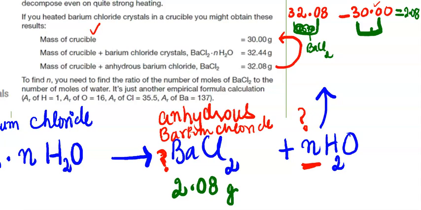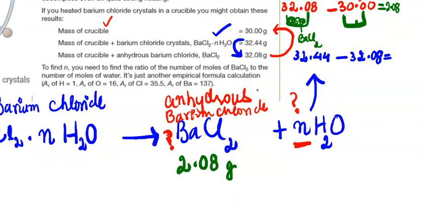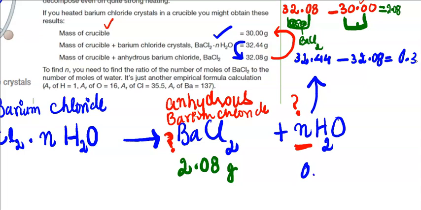If you subtract the mass of crucible with barium chloride crystal having water in it, that is 32.44, minus the mass of crucible having only barium chloride in it, 32.08, you get 0.36. So the mass of water is 0.36 gram.